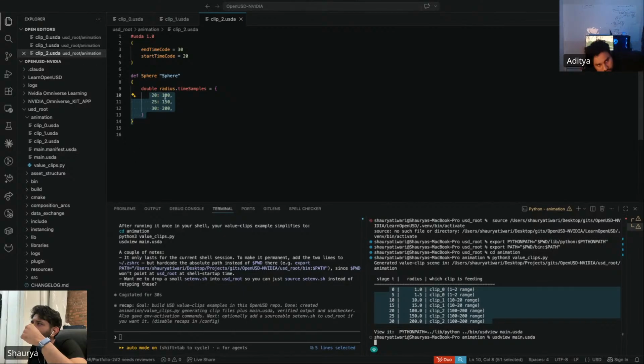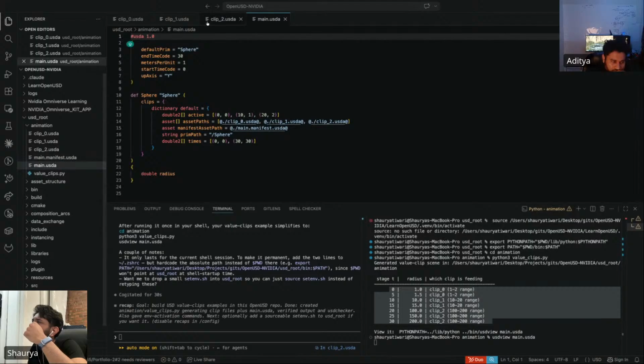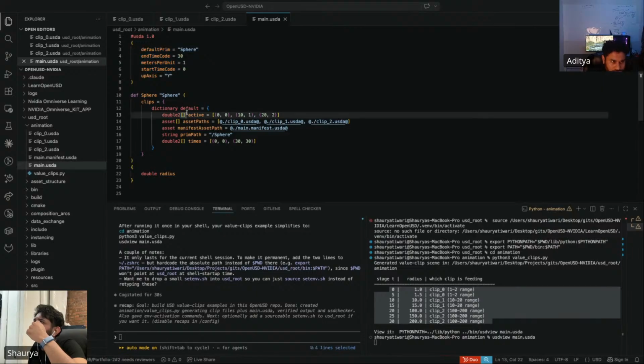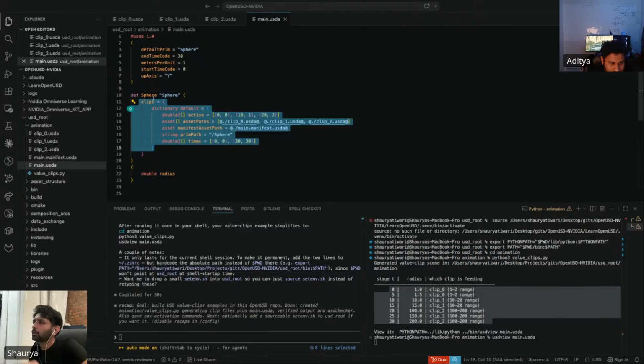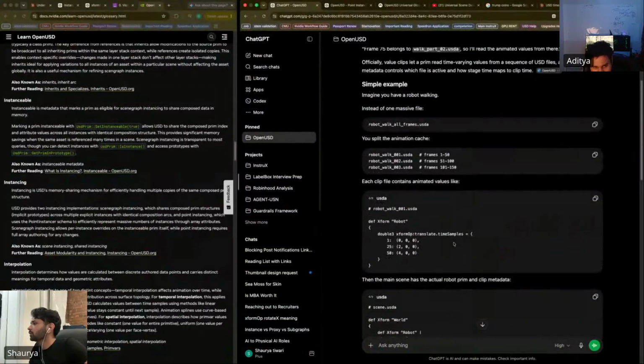And then basically main.usda defines the thing. So up axis, start timecode, meters per unit, end timecode, okay, clips. So this is the clip thing that Claude was showing us.